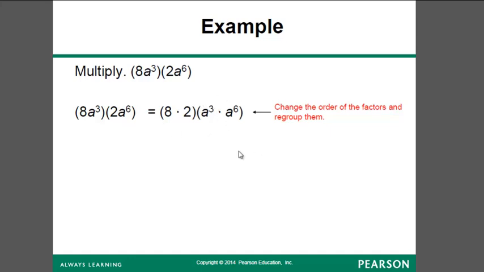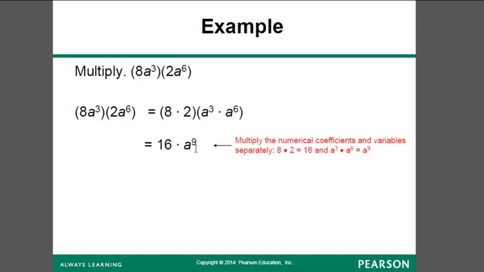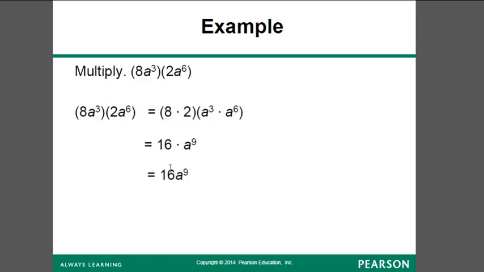This just makes it a little bit easier for me to look at, because now I have 8 times 2, which will give me 16, and a to the 3rd times a to the 6th will give me a to the 9th, because I added their exponents, 3 plus 6.